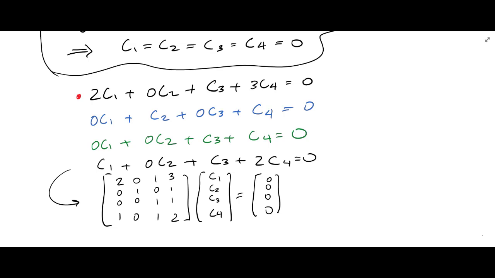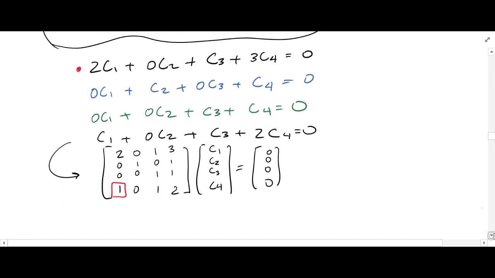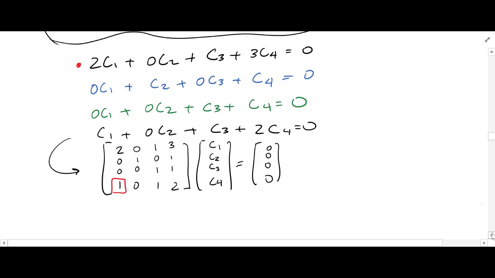And then we can just do row reduction, reduce the matrix. So maybe we want this entry to be a 0. Should I swap rows maybe? Because as it stands, I would need to do row 4 minus a half of row 1, but I don't want to deal with fractions.